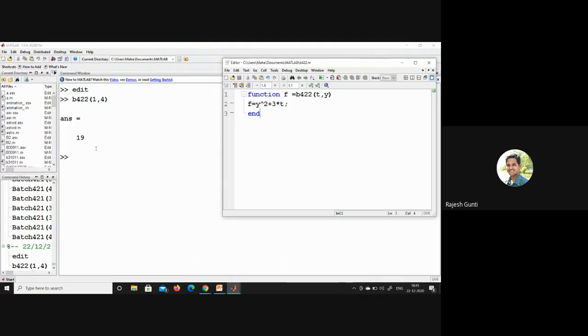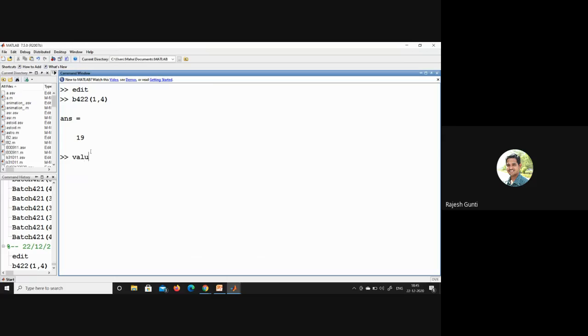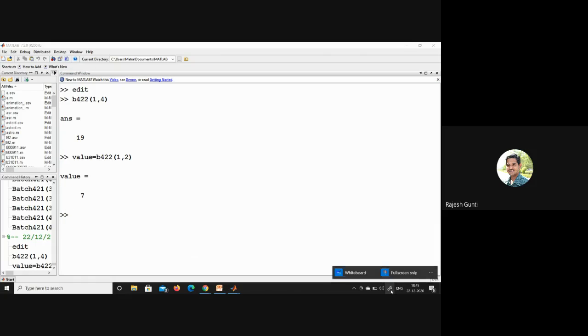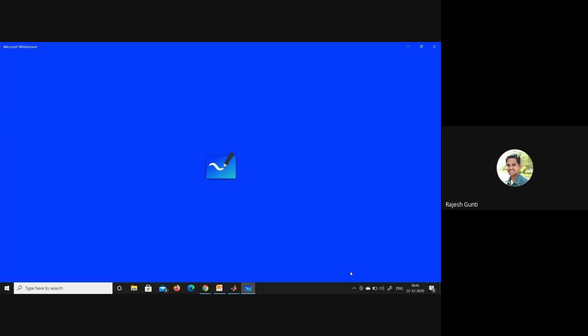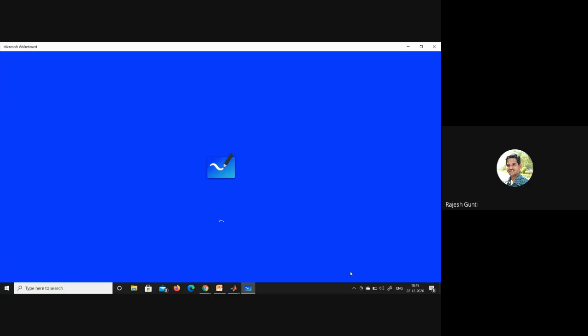Suppose value is equal to B422 of 1 comma 2. Usually we write a differential equation like this. If you take Euler's method, Runge-Kutta method or modified Euler's method, every time we concentrate on the right hand side.